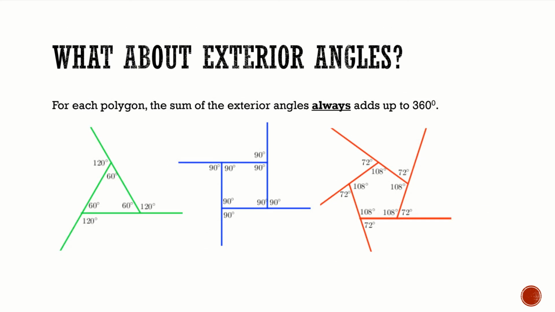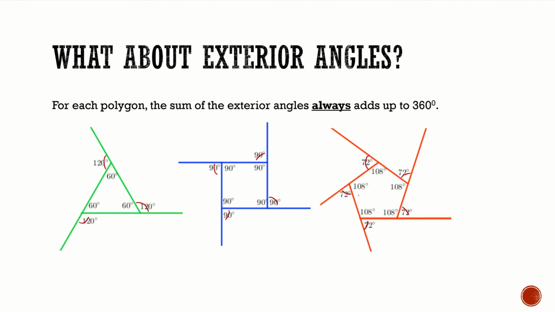Now for the exterior angles, what you should know is that for each polygon, the sum of the exterior angles is always 360. So these are just three cases right here. Notice that the exterior angles, which I'll draw right here, this one, and this one, those add up to 360. These exterior angles add up to 360 for the quadrilateral, and these exterior angles also add up to 360, and you can see that for yourself.